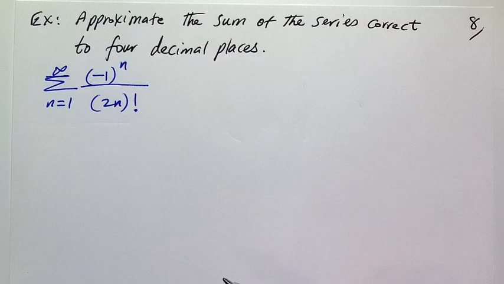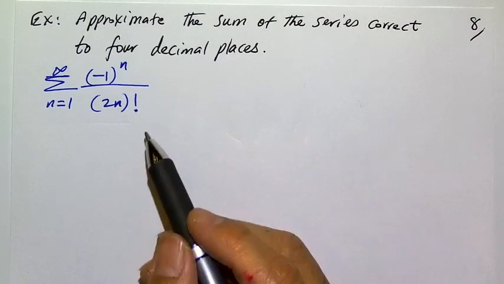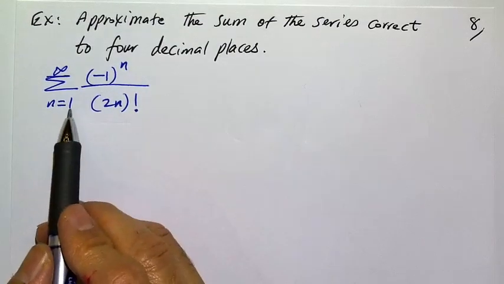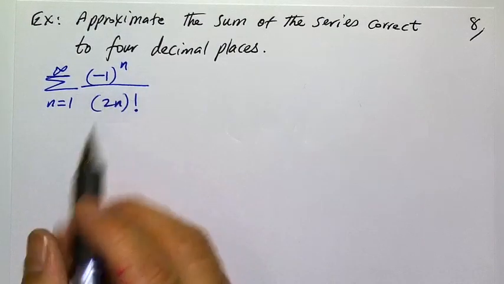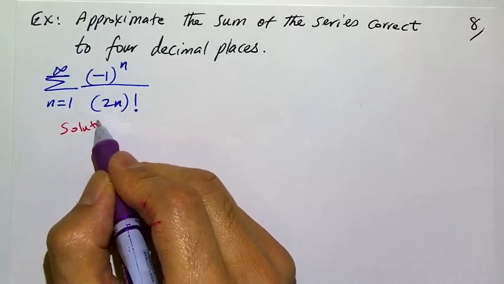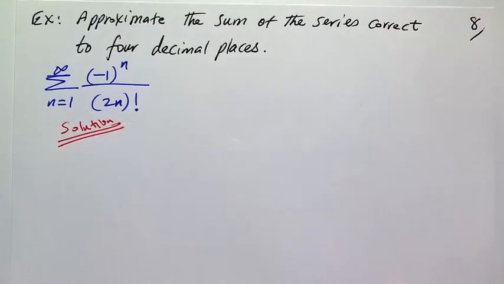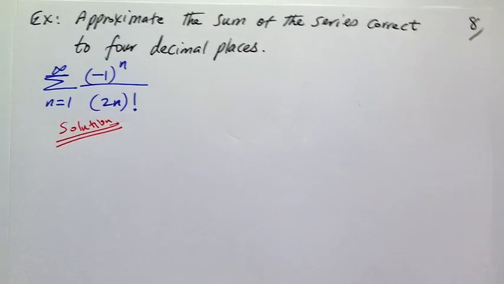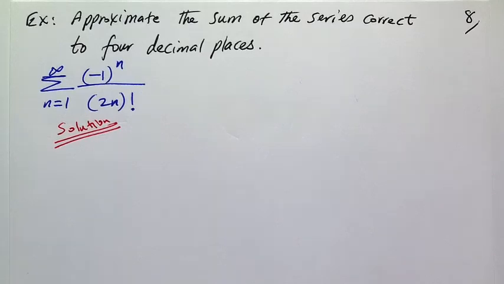Okay, that's what we need to do. So let's add the first 2 terms, right? For n equals 1 and n equals 2. In fact, why don't you pause the video and see how far you will get with this. Okay, that would be great to do.